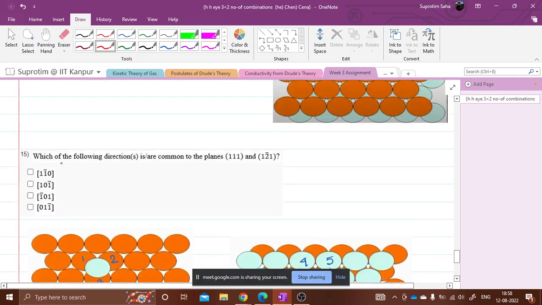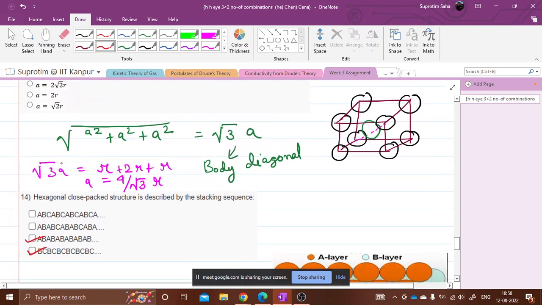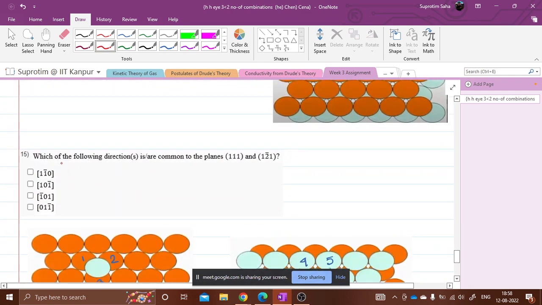So we are at the final question. Which of the following directions is or are common to the planes 1 1 1 and 1 1 1 bar? This is from the Weiss zone law.